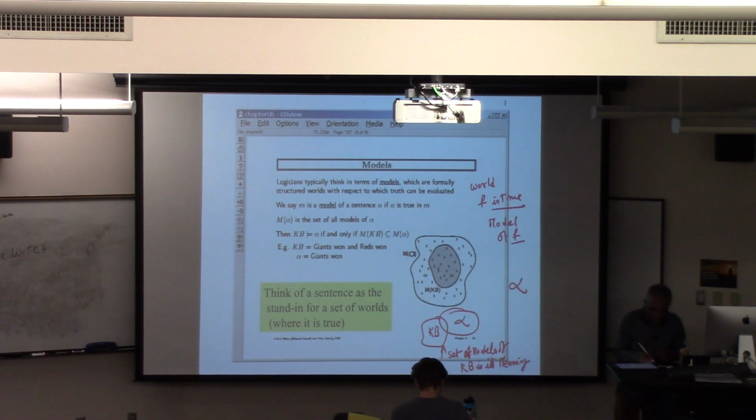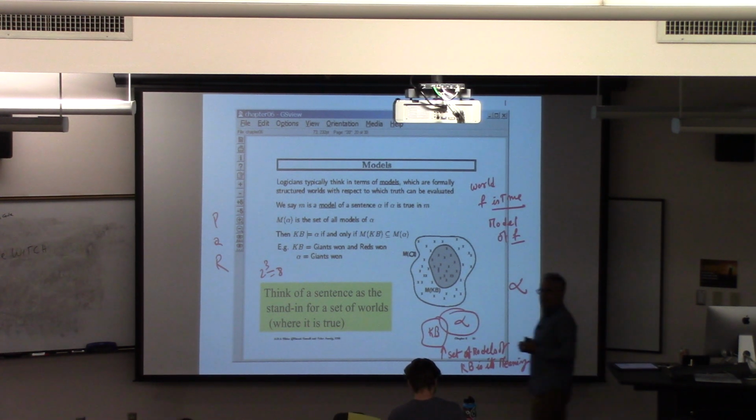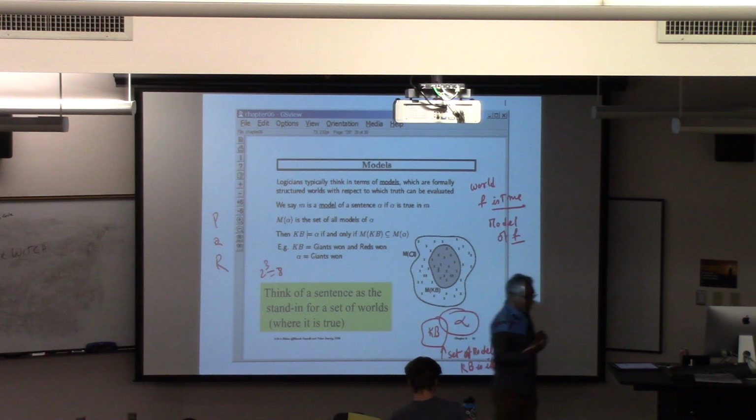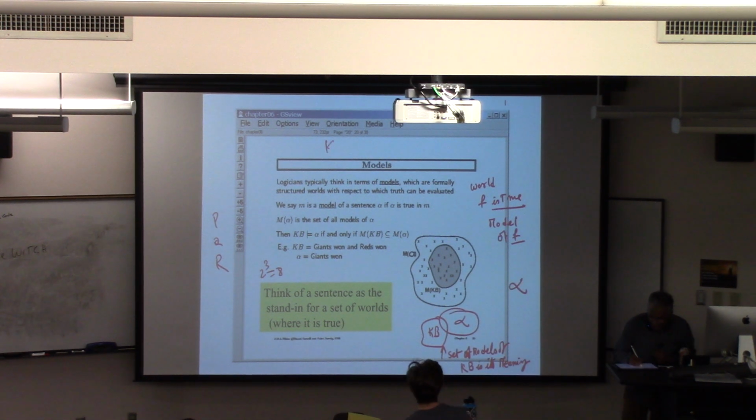In fact, if I have, let's say, P, Q, R as the propositions, then I said there are 2 power 3 or 8 worlds. If I say P is true, how many worlds am I possibly in? Only 4. This actually tells you knowledge is equal to constraint.